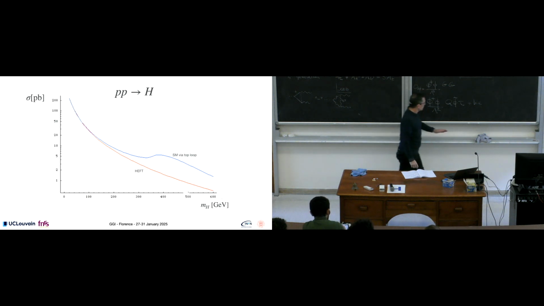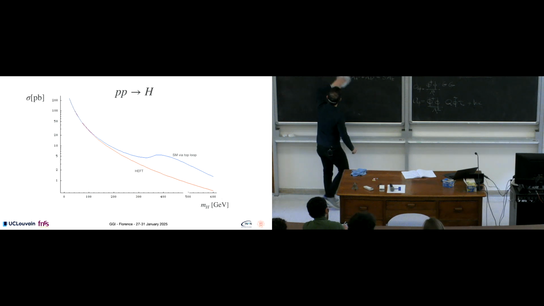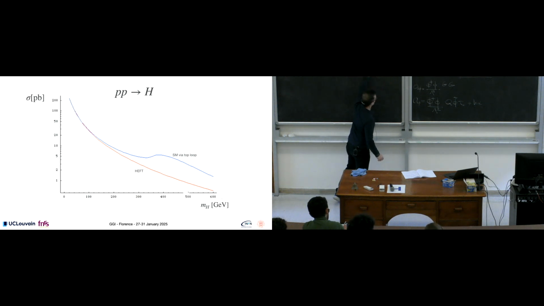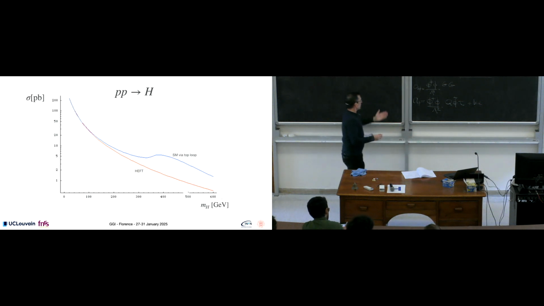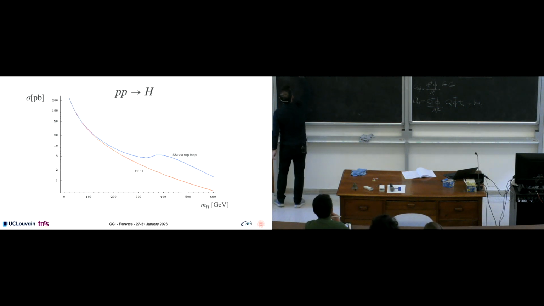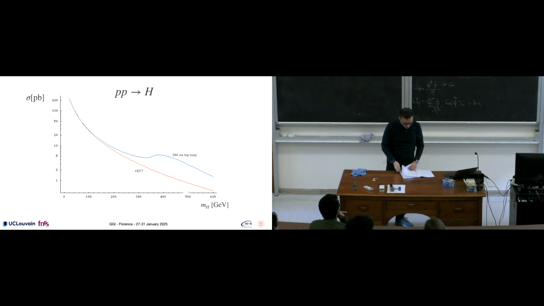And then what I want to do is that, okay, I might have these two operators. So what should I do to constrain them? So how do I use data now to constrain these two operators? So then you would say, well, I look at the cross-section for producing a Higgs. Okay, and I calculate the cross-section in the EFT.